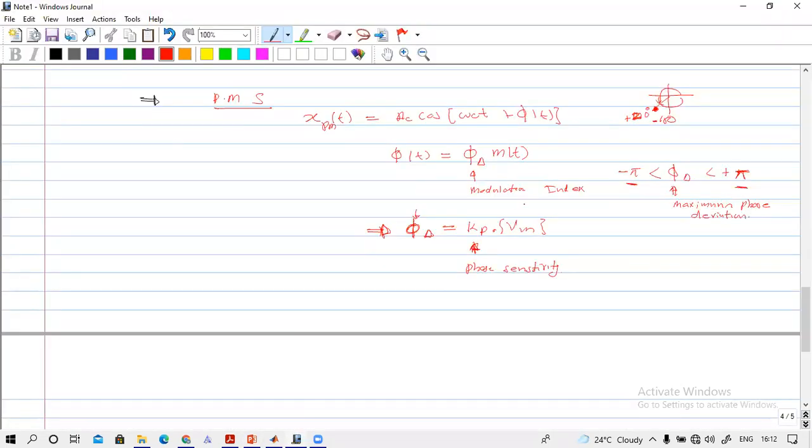So our modulation index should be between -pi and +pi. These are the things we should keep in our mind.